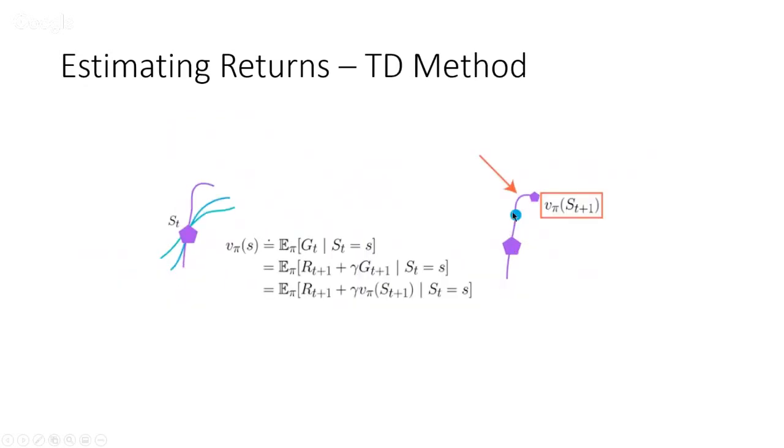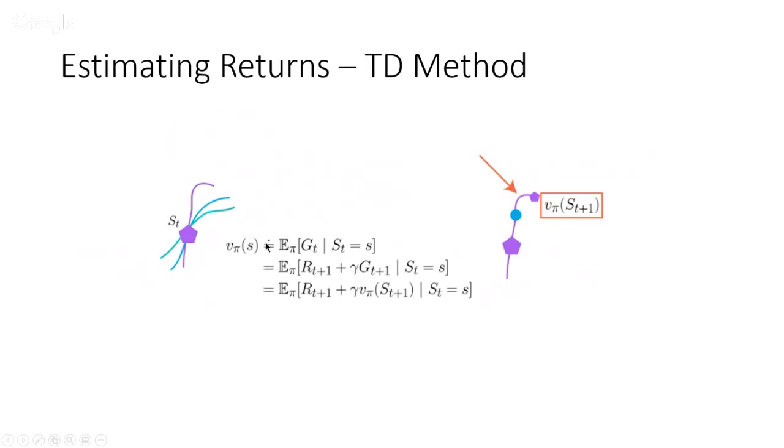We just make a guess, and we assume that our next guess will also be close to our current guess. It won't be that far from our current guess. So there is not much difference in our guesses. Again, I'm saying guesses because we are guessing the total expected return given this next state, right?